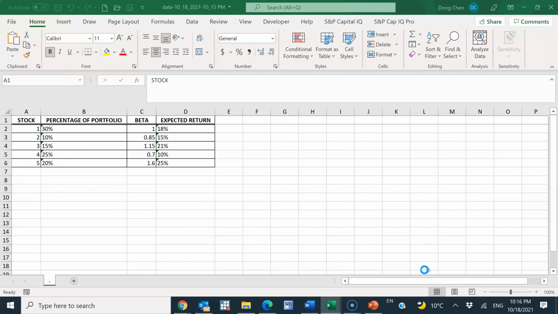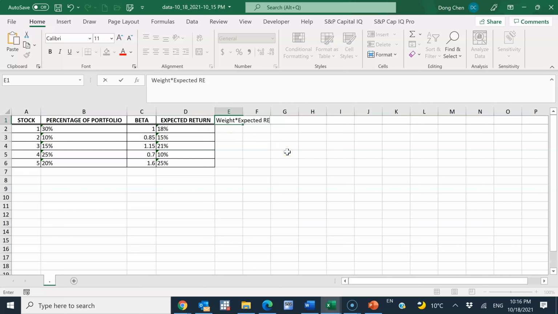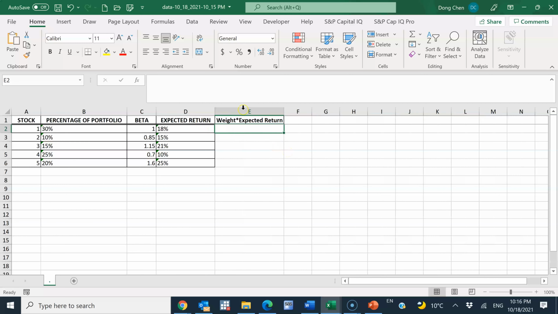So now, if we go to this table, what we need to do is basically to calculate weight times the expected return, right? Expected return. And we do this for each individual stock, and then we sum them up. That's the weighted average. So just multiply the weight by the expected return for each stock.